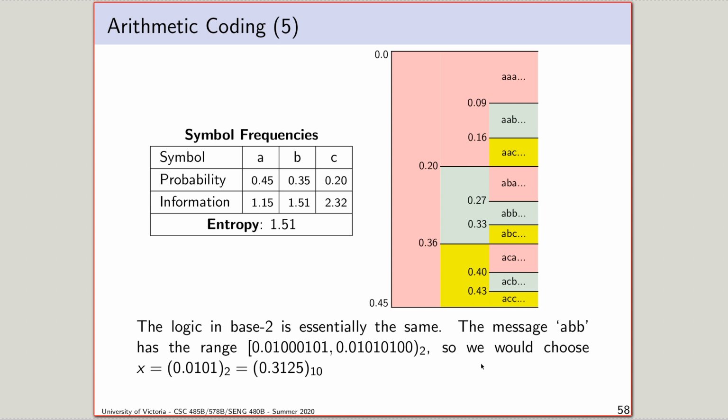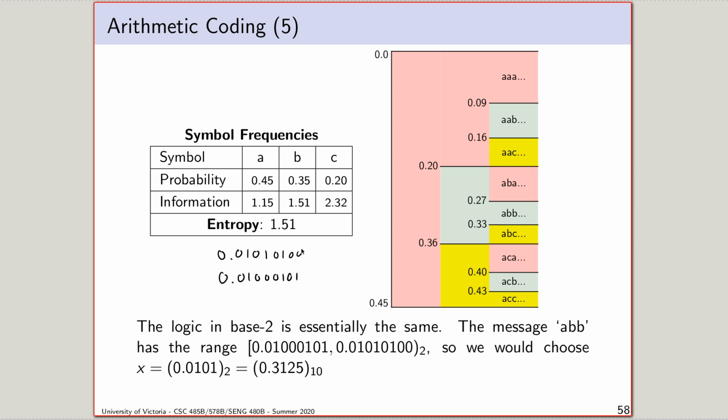In base 2, I would do the same thing. So remember, these numbers are all the same in any base. It's just the representation that changes. In base 2, the range 0.27 to 0.33 is this sequence of values. So what I would probably choose, observing that I'm going to write the 2 endpoints of the range on top of each other. So here's the low point, 0.01000101, and then the high end of the range is 0.01010100.